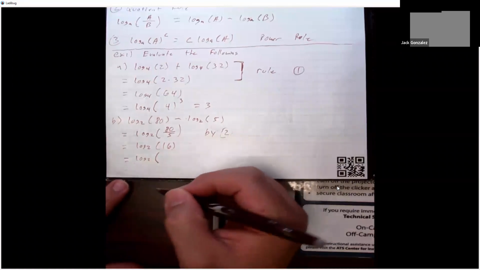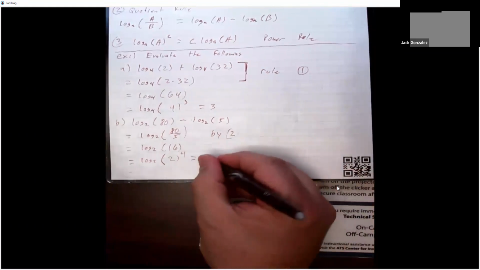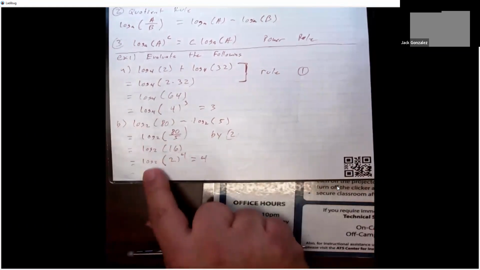How many 2s is 16? 4. They match. So that's it. That's the property from 4.3, so we use it at the end.